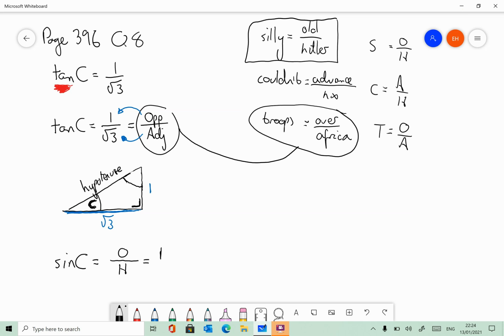So in order to find the length of that side, I'm going to use Pythagoras' theorem. Let's call it h for hypotenuse. So h squared equals 1 squared plus the square root of 3 squared, and that's c squared equals a squared plus b squared.